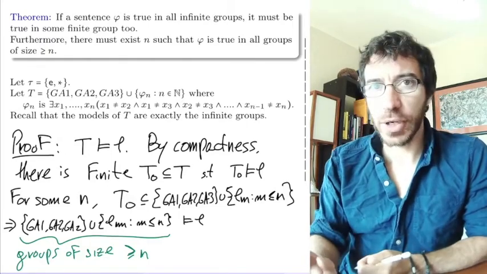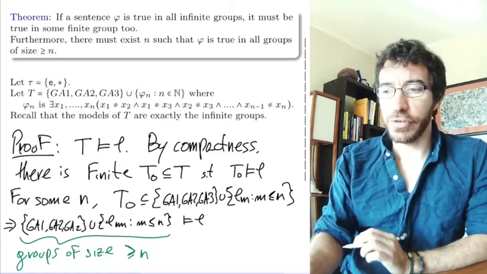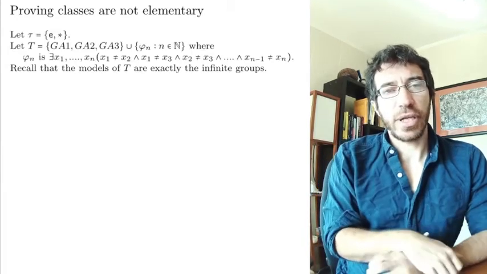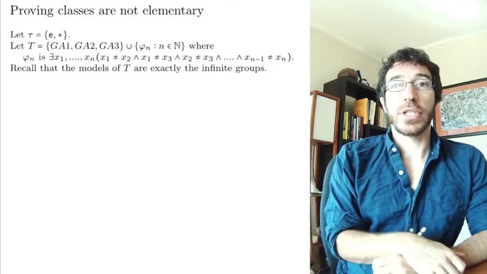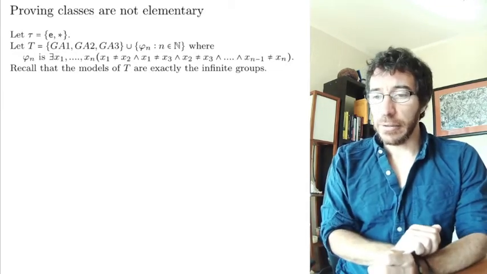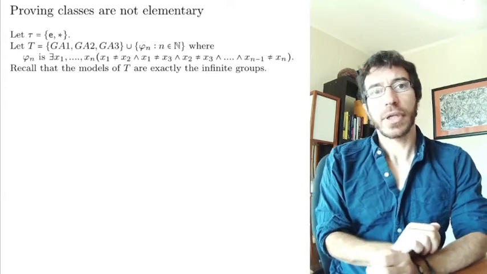Very well. So let's look at another application of this version of compactness, and it's to show that certain classes are not elementary. We already saw an example where we showed that a class was not weakly elementary, so there was no set of sentences at all characterizing it. Now we want to show that exactly this one, the class of infinite groups, which is weakly elementary because you can see the axiomatization for it right there.